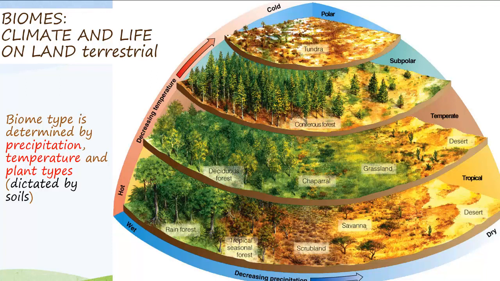Okay, now how is a chaparral different than a deciduous forest? It's drier, but it is in the same temperature range, close. How is a savanna similar to a rainforest? They're both hot.